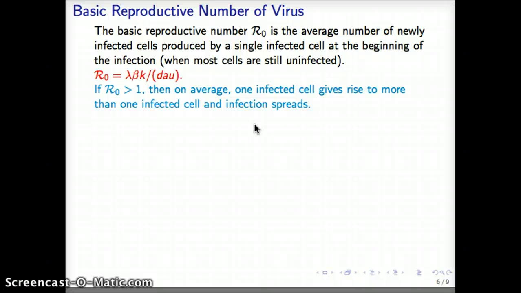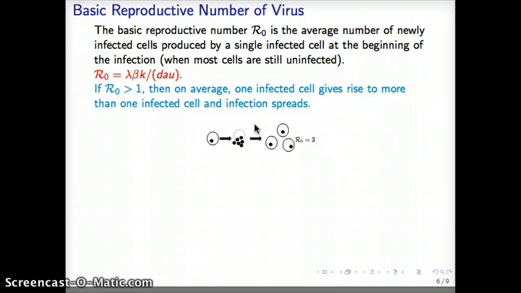We would say that the infection spreads. On the other hand, okay, and this is a graphical representation. So we are going to pause and we will continue on the following part of this lecture.